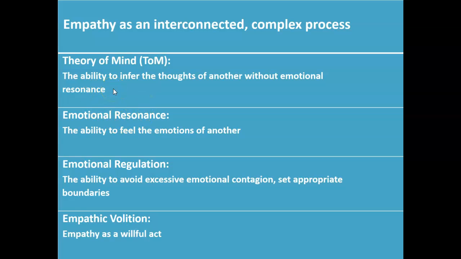First part is something they call theory of mind, which is kind of inferring. So a part of empathy is understanding other people. And one way we can understand other people is just to observe them closely. Their facial expressions, what they're saying, what they're doing, and you can think, okay, they're thinking this kind of stuff.